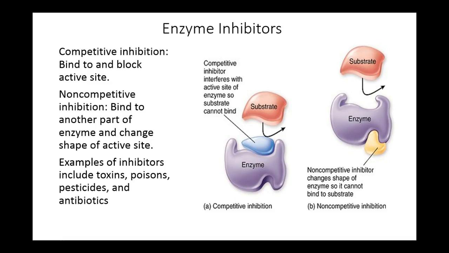And remember, it's all about shape with regard to that activation site, but binding to another site can change the shape of the activation site, because it's shifting the shape of the enzyme, and now that activation site is no longer recognized by the substrate, or the two are no longer able to do that induced fit. So inhibitors can work competitively or non-competitively. Examples are toxins and poisons, pesticides, and antibiotics.